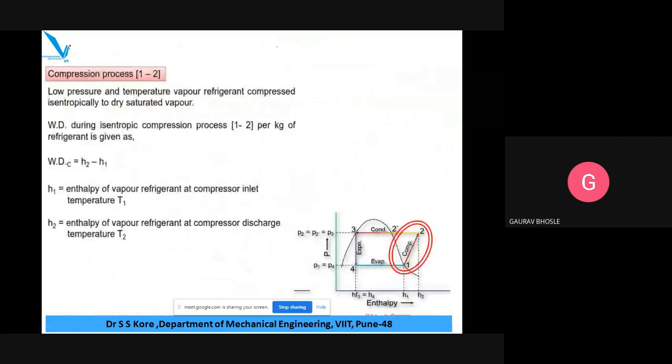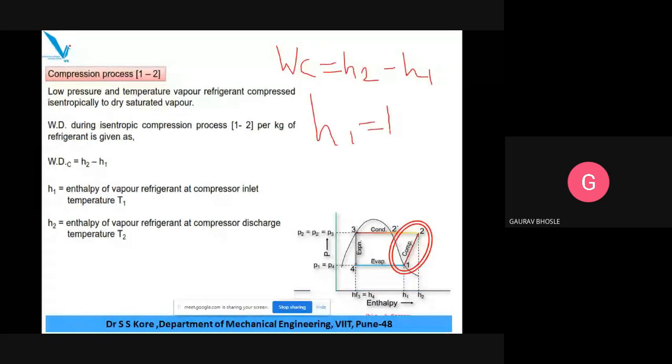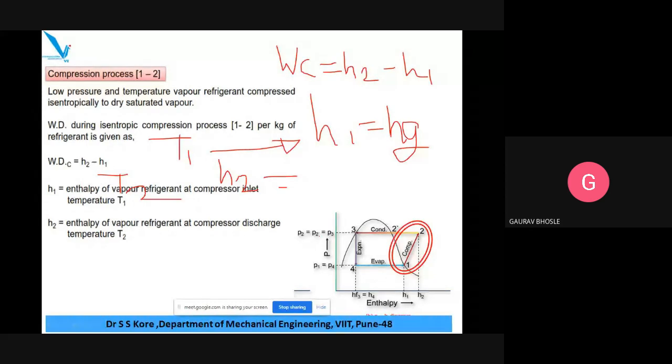Just once again I'm repeating. Compressor work is equal to H2 minus H1, that is the change of enthalpy across the compressor. Now H1 is directly the enthalpy of the dry saturated vapor, that is Hg at temperature T1. Directly you will get it from the property table. Enthalpy of vapor at point 2 is at temperature T2, because at point 2 the temperature is T2 and pressure is P2.